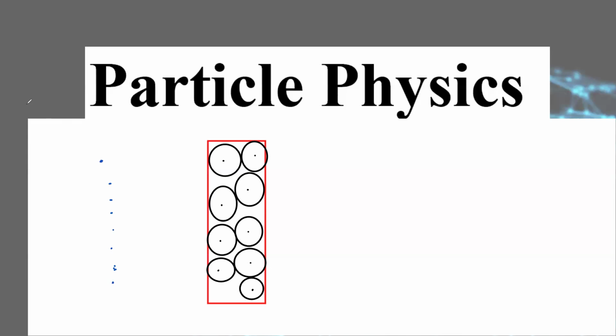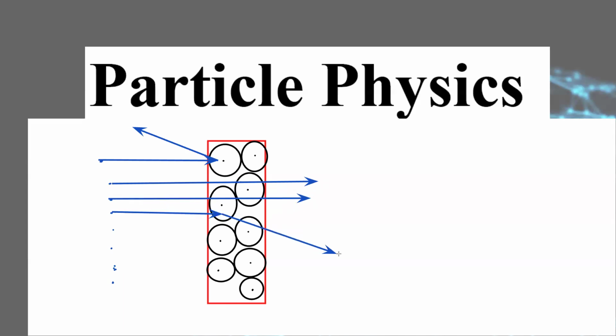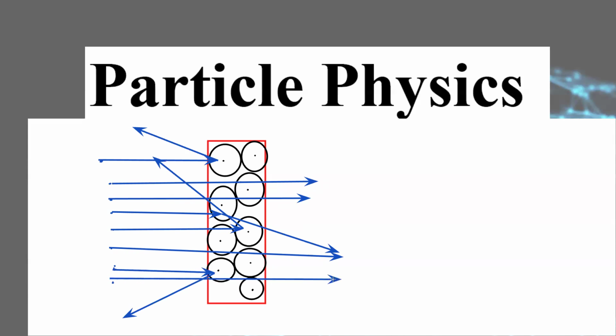What he did was target this metal foil with the alpha particles, and he observed most of the alpha particles pass through without changing direction. A few of them change the direction, but most of the alpha particles pass through.